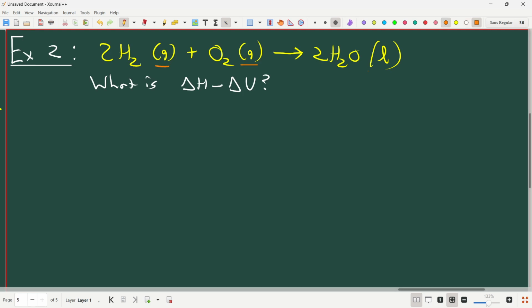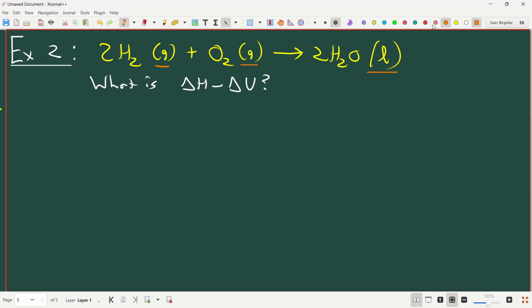of gas to 2 mole equivalents of liquid. So we have a big PV change here. We're going from a very dilute gas to a condensed liquid at very, very different densities. Let's just get a sense of how much that work difference is. This is the work required.